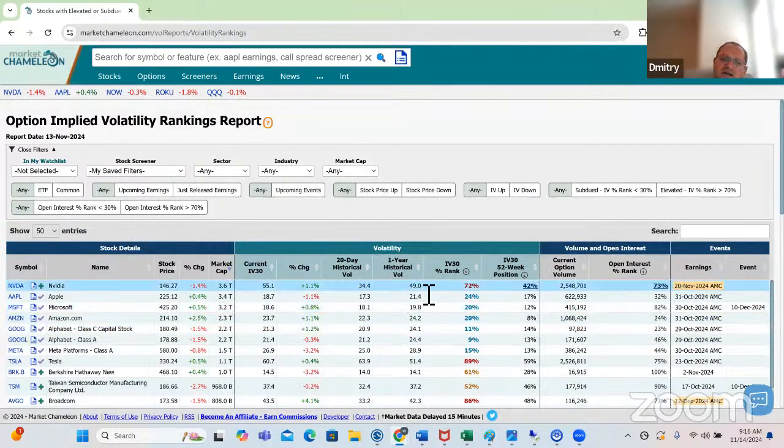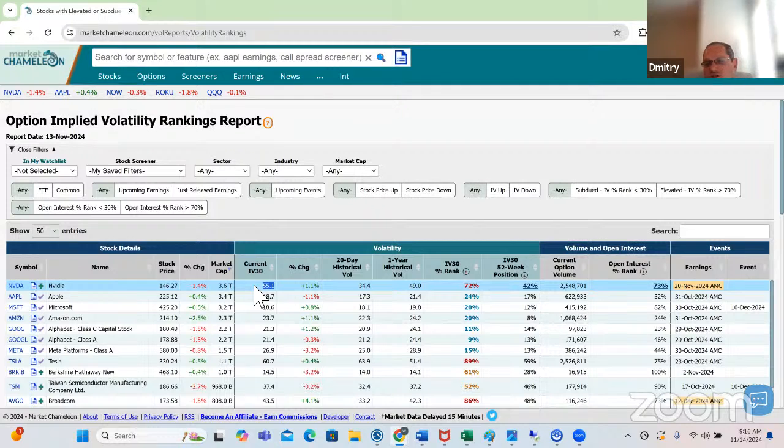And here it says that NVIDIA in the last year moved at a 49 volatility. So this is looking at the volatility of the stock compared to where the options are implied. Now it's closer to its 1 year, but it's a little bit above.